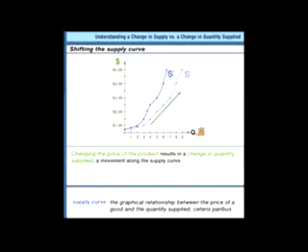But if you change one of those variables that we hold constant when we draw the supply curve, then you have to shift the supply curve. The entire relationship between price and quantity changes for that baker because input prices have increased.